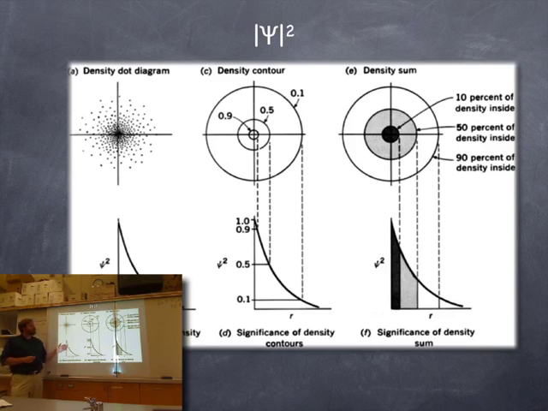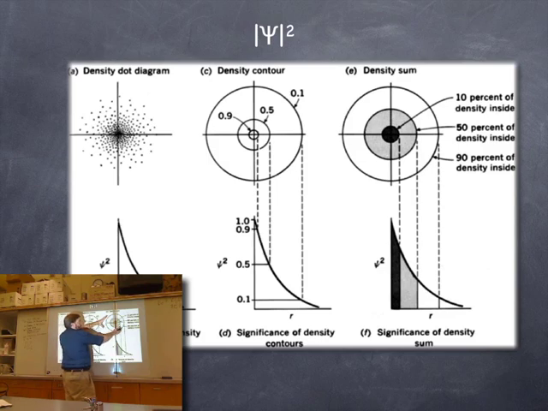Because what we're going to do is define a volume of space where we have a 90% chance of finding the electron, and we're going to call that an orbital. So an orbital is a region of space, a volume of space, because these are all actually three-dimensional. This is like a slice through a hydrogen atom. So here we encompass 10% of the likelihood, 50, 90%.